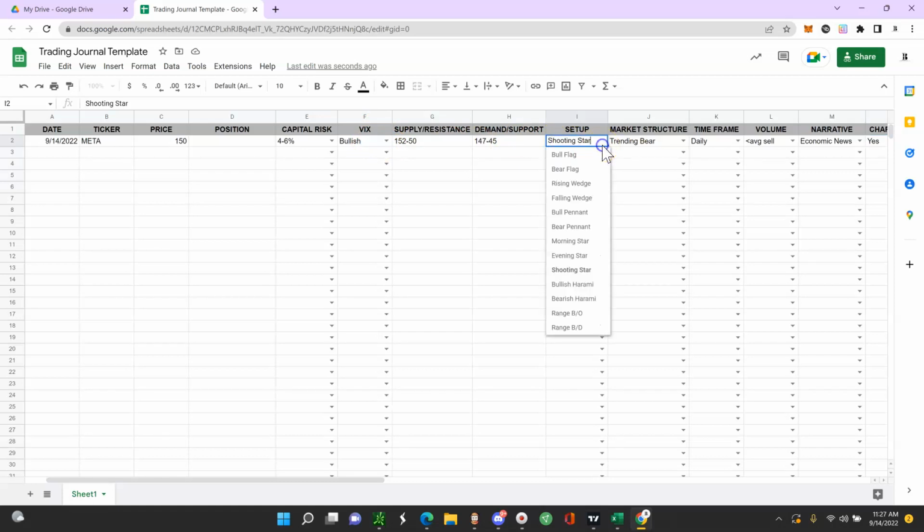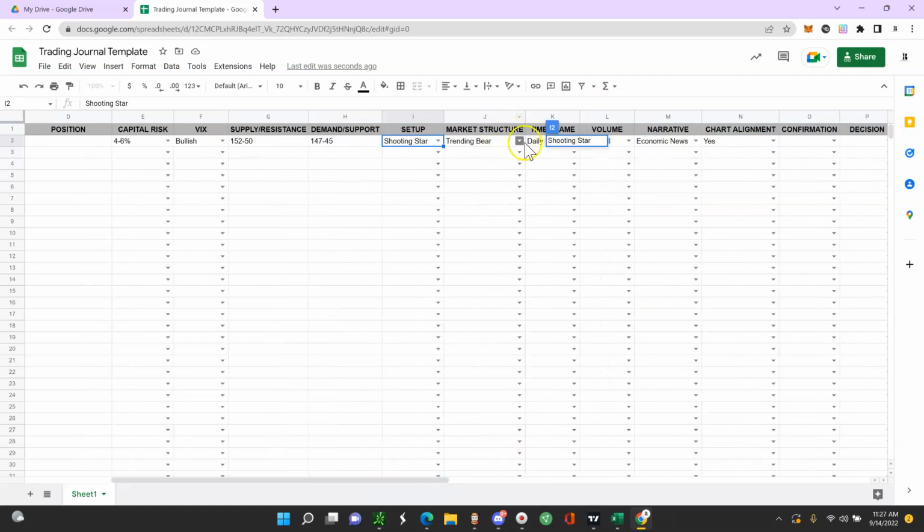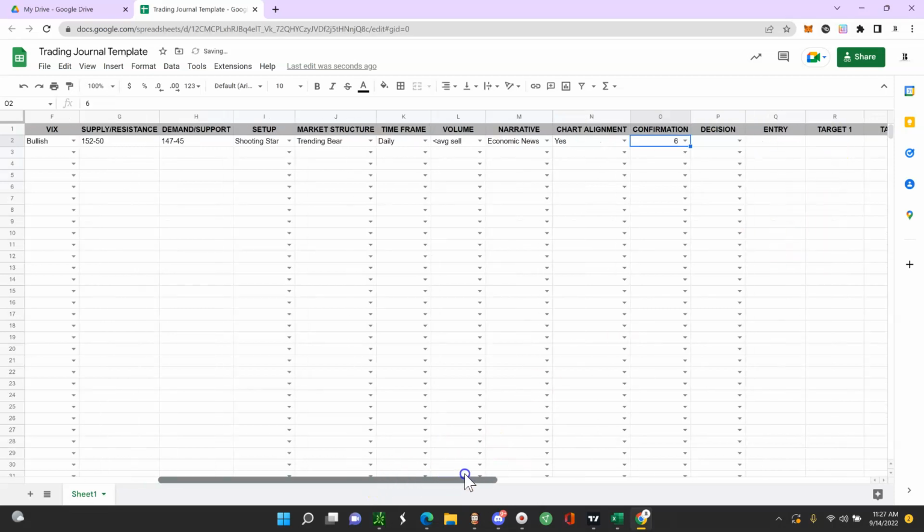Shooting star is a bearish reversal pattern, typically, so that's three confirmations for a bearish case. And then you've got trending bear, that's four confirmations. And then I've got below average selling volume, that's five confirmations, and then six. So we've got about six or seven bearish confirmations.